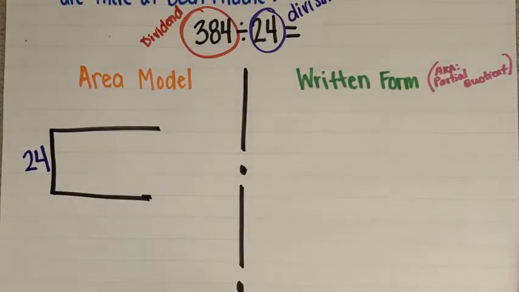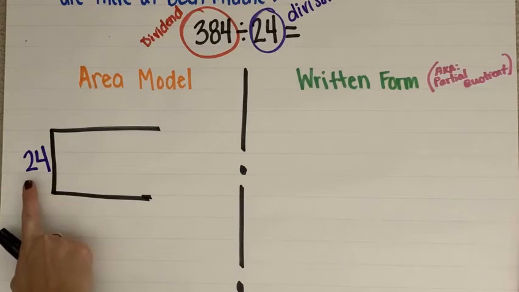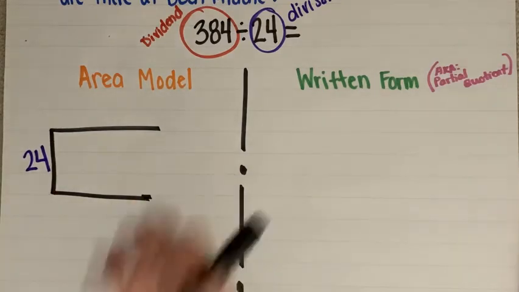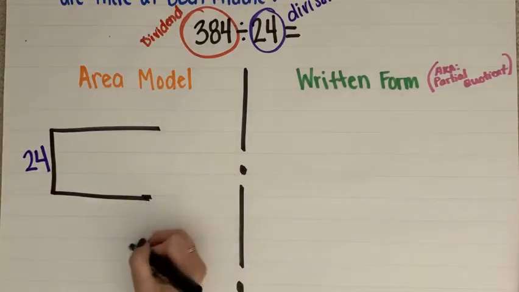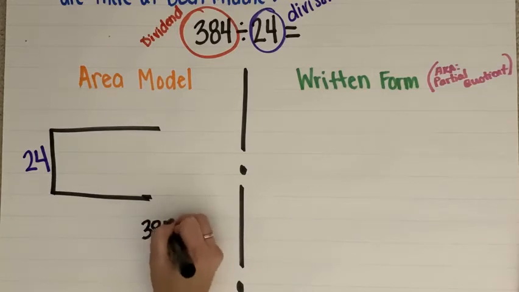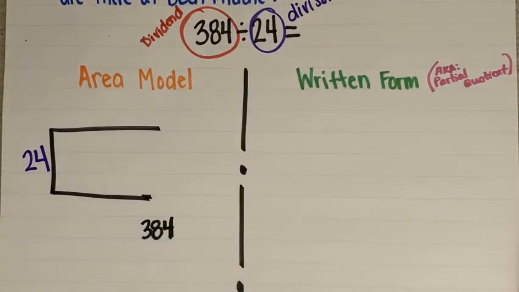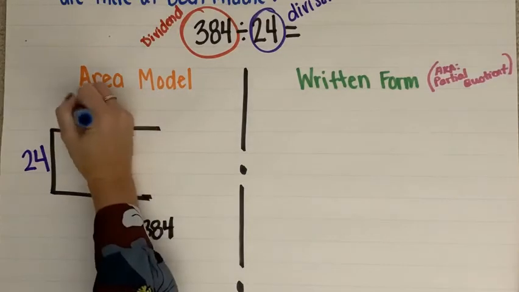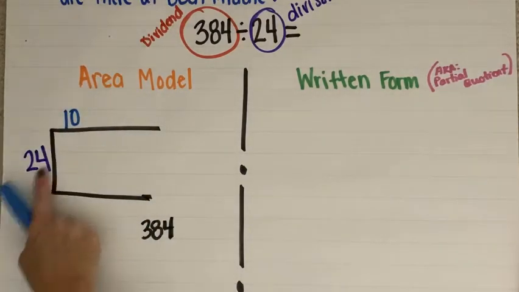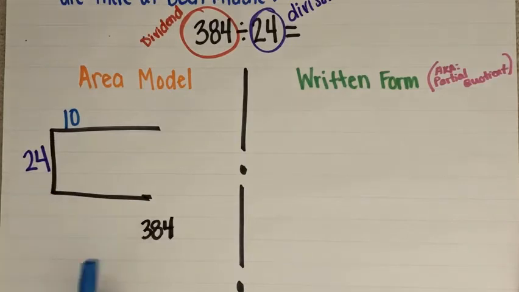Now, what I'm thinking to myself is, what factors can you multiply by 24? What numbers can I multiply by 24 that can fit into 384, my dividend? I'm going to think, what is something that commonly I know? I do know that 10 can go. A multiplication problem I do know is 10 times 24, because anything times 10, you add your 0.